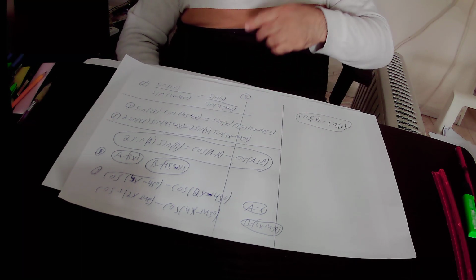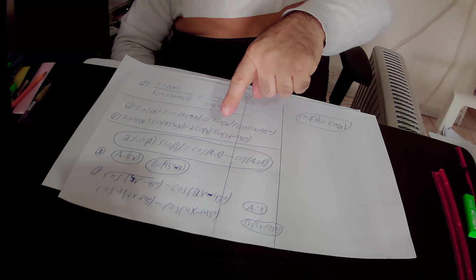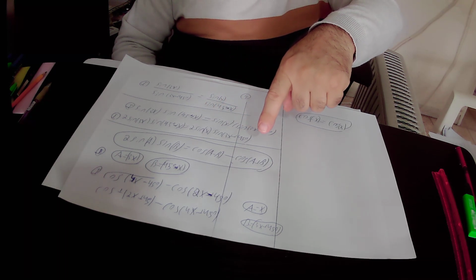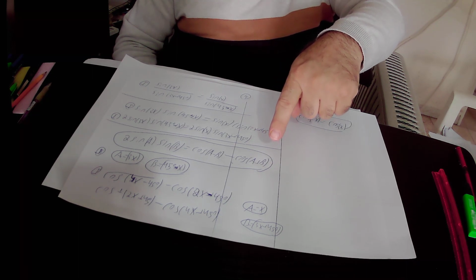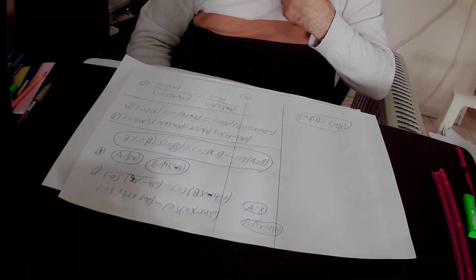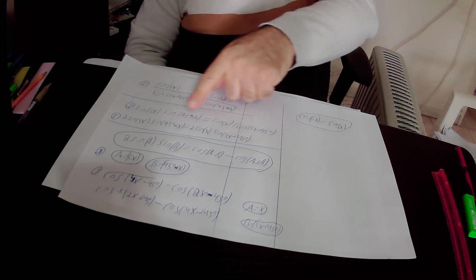Actually, we have the trigonometric identity that 2 sine A sine B equals cosine (A minus B) minus cosine (A plus B), and we can use this trigonometric identity in order to simplify those expressions.